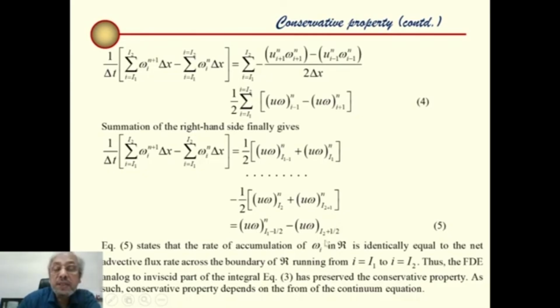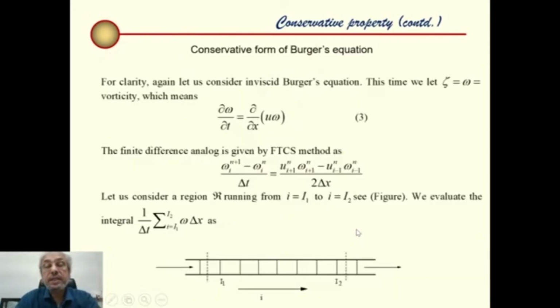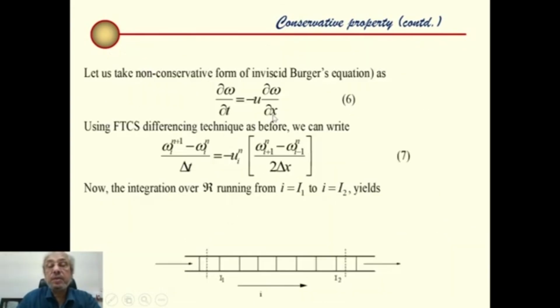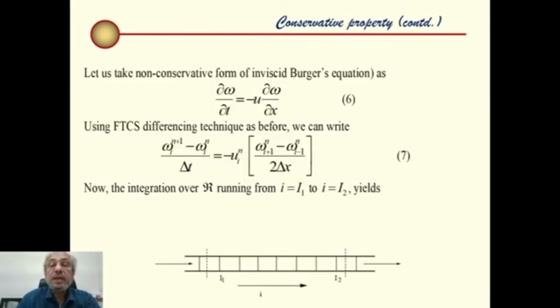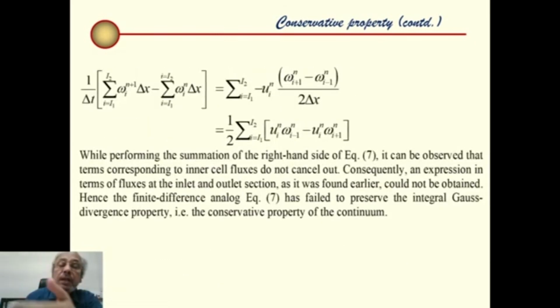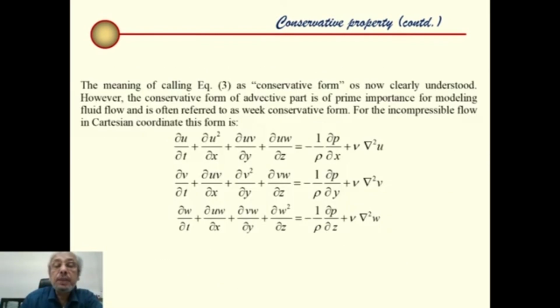So basically, by the formulation itself, by writing it in this conservative form, we are retaining the conservative property, whereas by writing it the other way, which is equation 6, we are not retaining the conservative property; it is the non-conservative form.